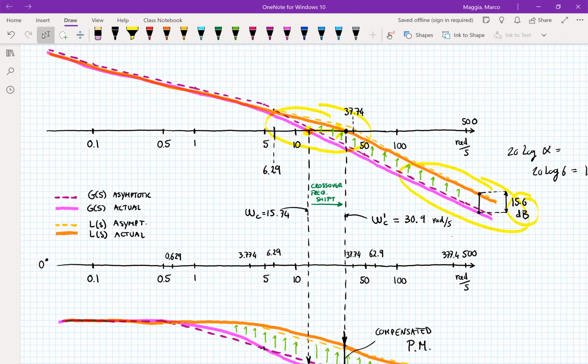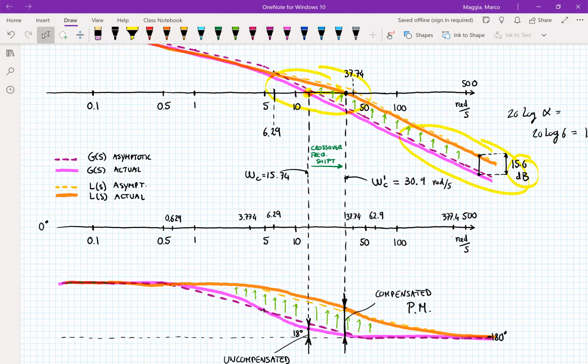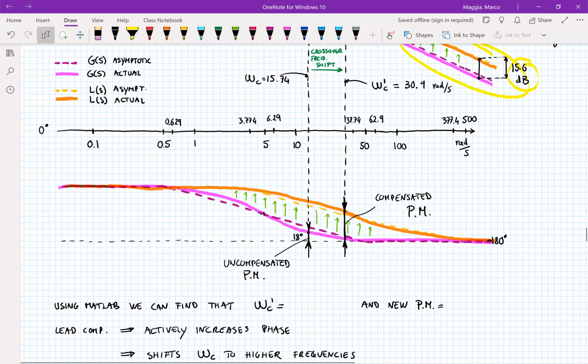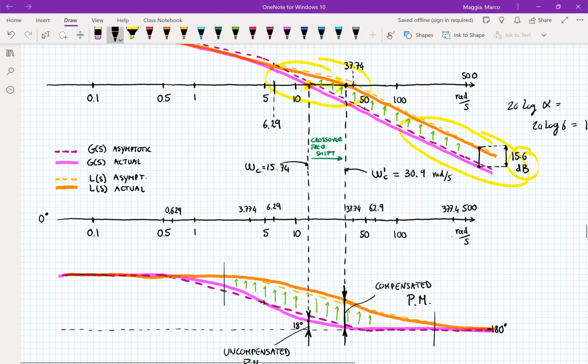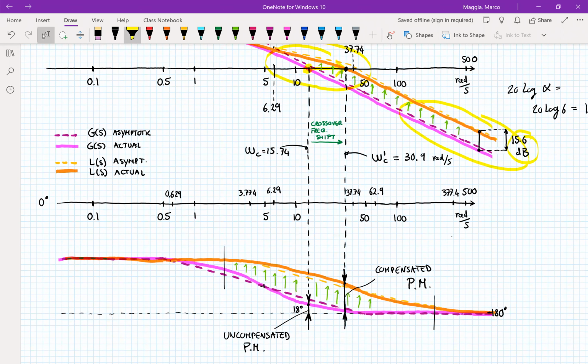However, that is just the side effect, because what we really wanted to do is to add the phase. So we're adding a bunch of phase in a spectrum of frequency, and the maximum of phase that we've added was corresponding to our old crossover frequency.